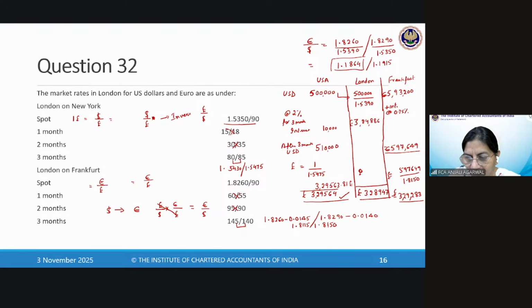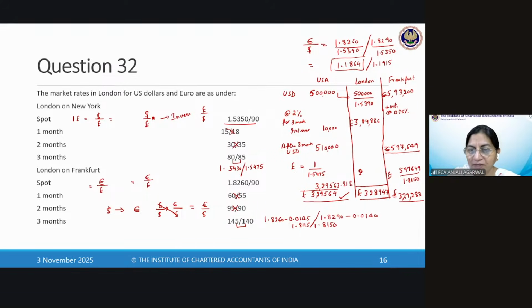But if you are wanting to invest in Frankfurt, first you need to convert your dollars to euros, invest the euros, get it back together with interest, convert the euros back to pounds. Now you have your final outcome in terms of pounds in all the three investments.